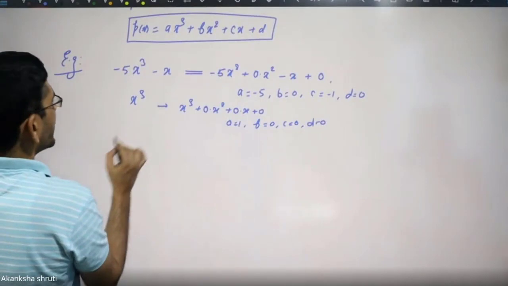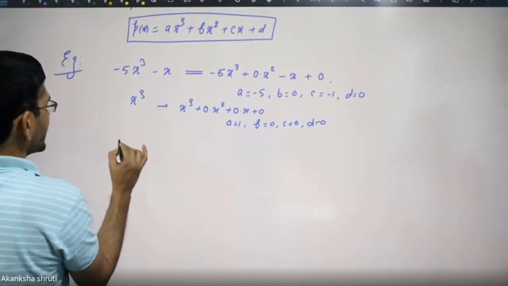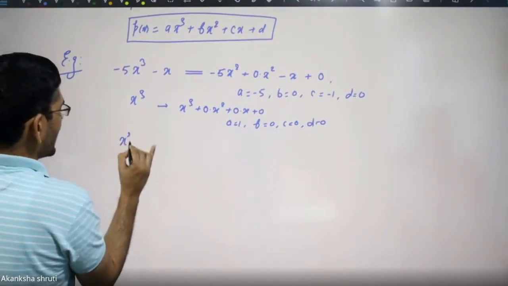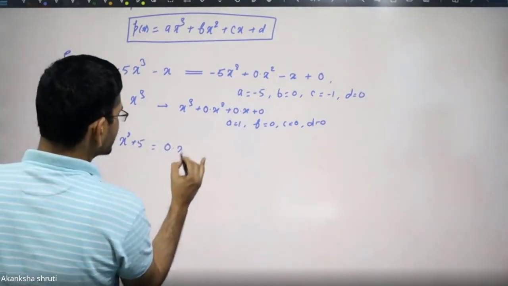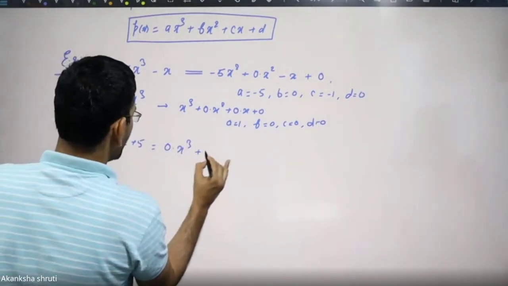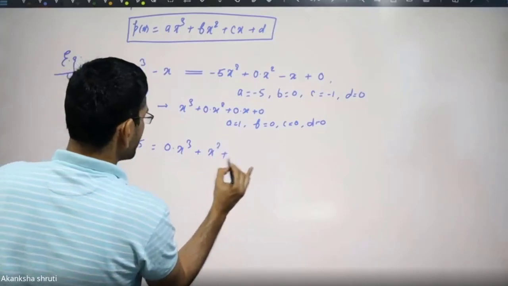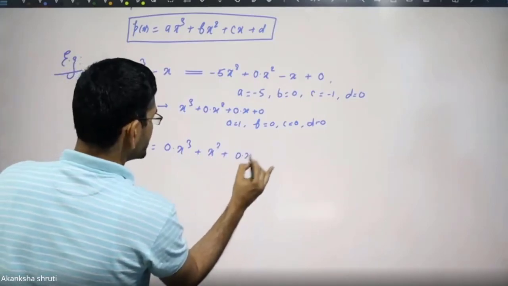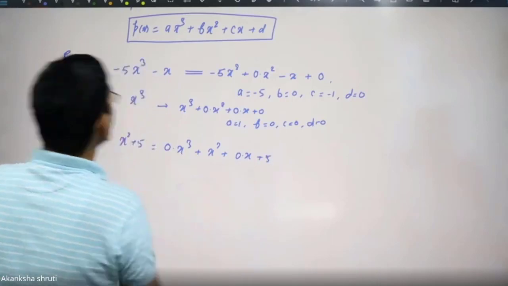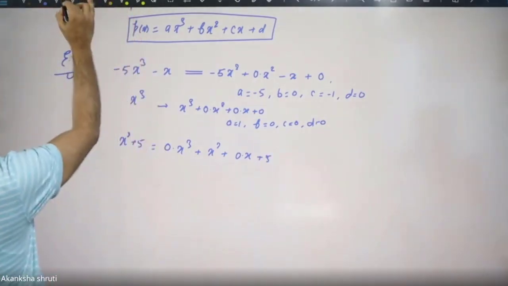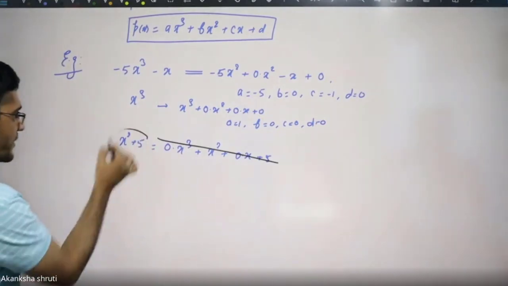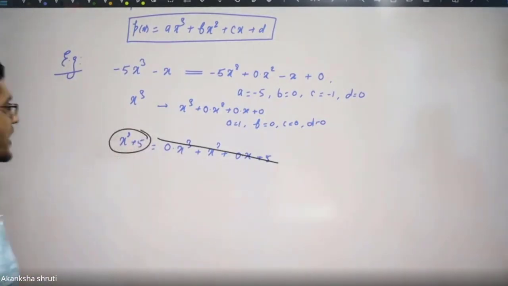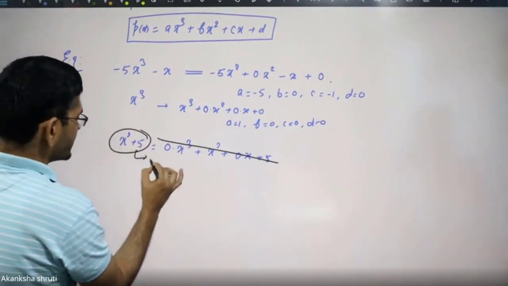Students, if we take, say, x square plus 5, can I write this as 0 into x cube plus x square plus 0 into x plus 5? No, this becomes wrong. Students, this is not the way of writing. Why? Because it is quadratic.